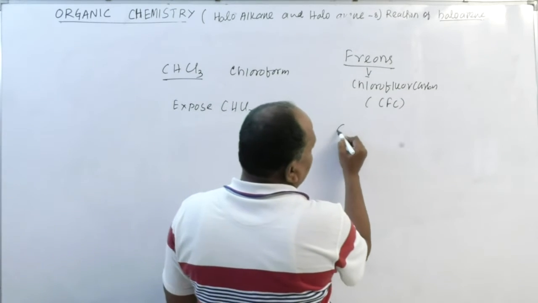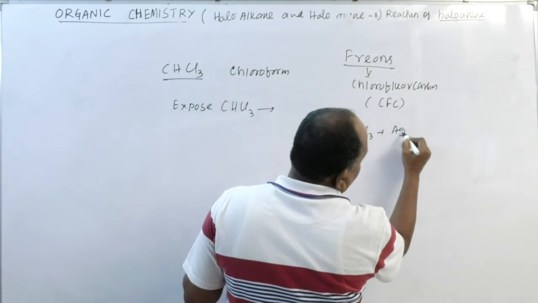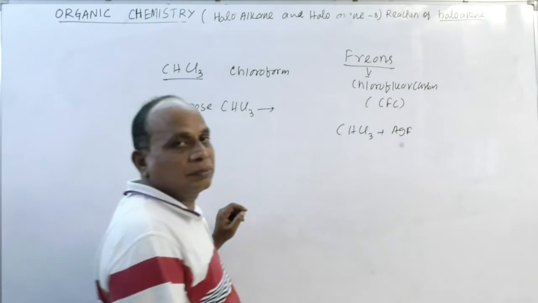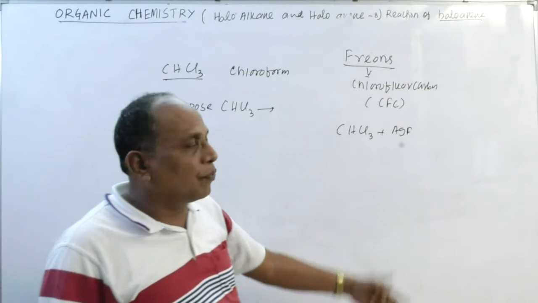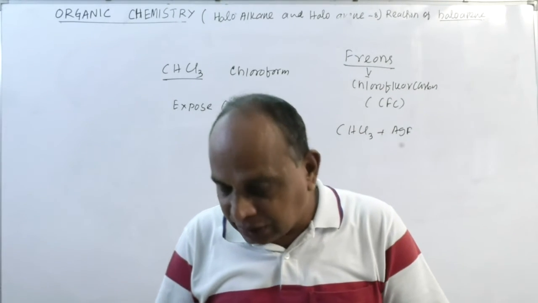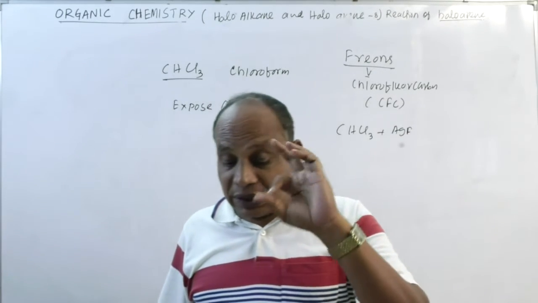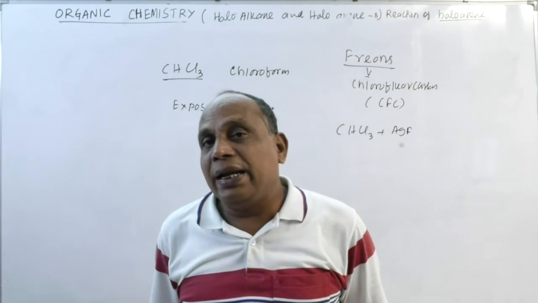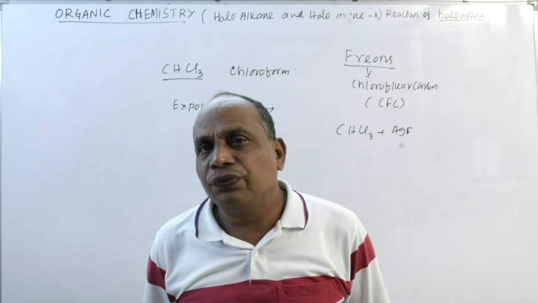You take the chloroform and treat it with AgF. It can form chlorofluorocarbon. That's why it is used for the preparation of freons, and it is also used as a solvent.